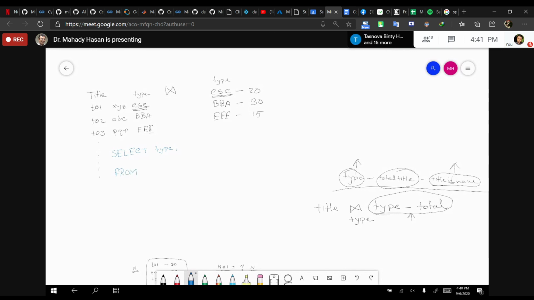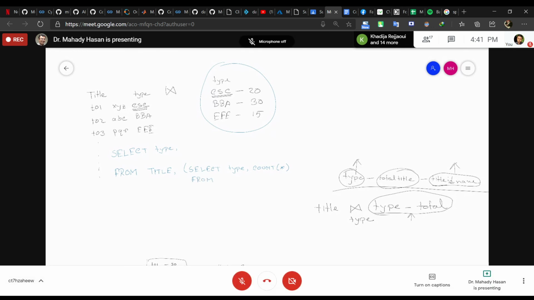From would be title, comma, select in parentheses, type from type, comma, count star, very good, from title, group by type, as T type.